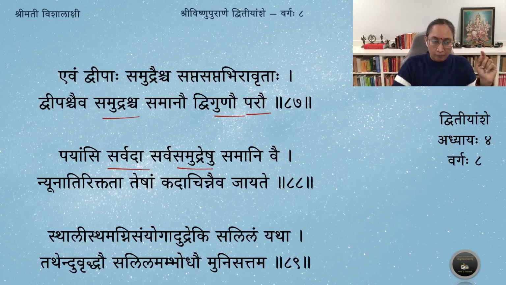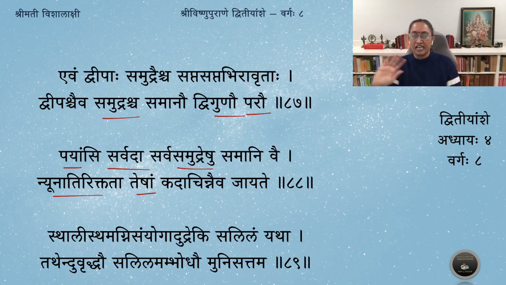Samani payamsi vartante. Teshaam payasaam kadachit naiva jayate nyuna atiriktata, never can you have a nyunata, a reduction in the amount of water, or atiriktata, an increase in the amount of water that is there in the samudra. He gives a very beautiful example.